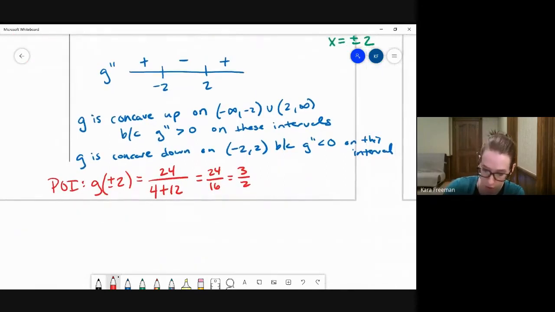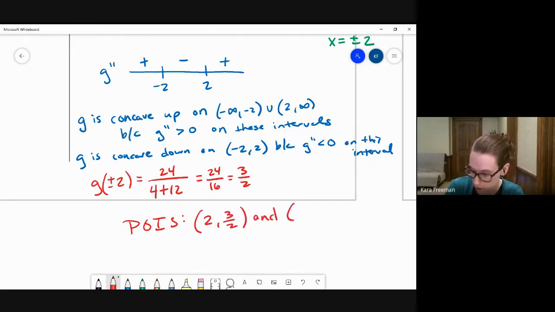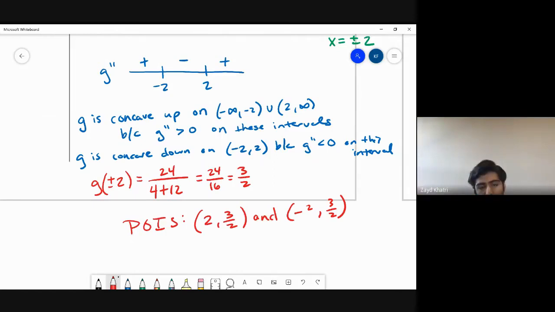Actually, I shouldn't say points of inflection. The points of inflection would be the actual coordinates: (2, 3/2) and (-2, 3/2). Should we just write points of inflection plus or minus 2 comma 3/2?